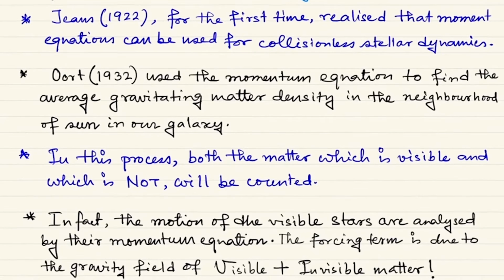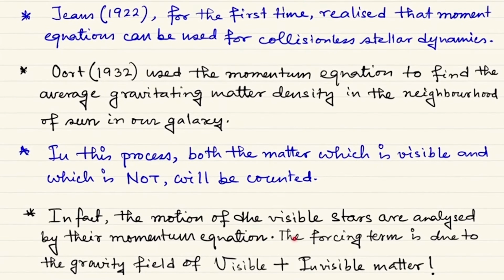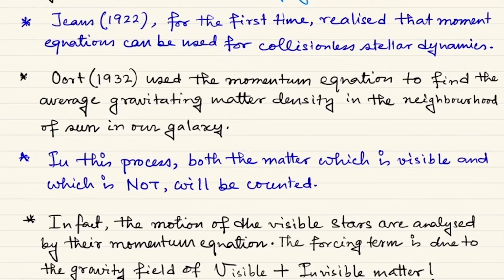In fact, the motion of the visible stars is analyzed by their momentum equation. We can see the visible stars easily and we can study their momentum equation. There is no problem. And the forcing term is due to the gravity field of visible plus invisible matter. And that is the smart point.